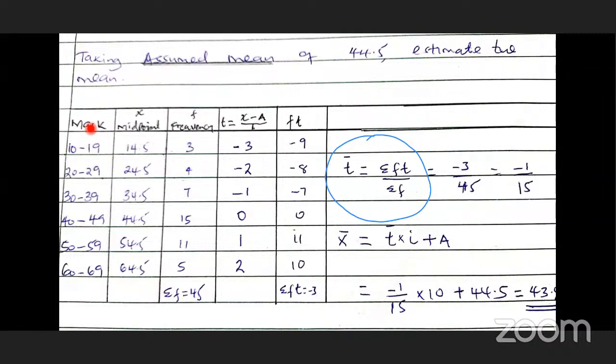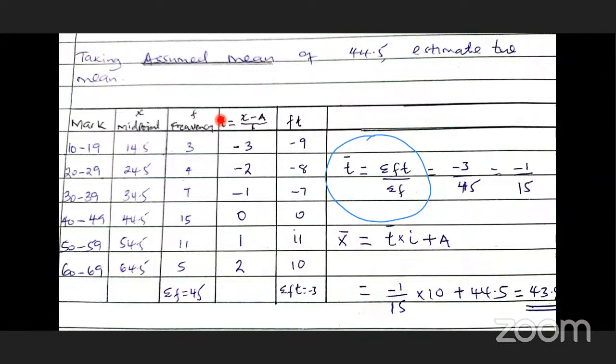Then we'll have a column for a mark that will represent the class, that is X. Then we'll have a column for frequency. That one does not change when you're making use of the assumed mean. Now our new creation here is this thing we are calling T. And we get T by saying each mark less the assumed mean over the class width.